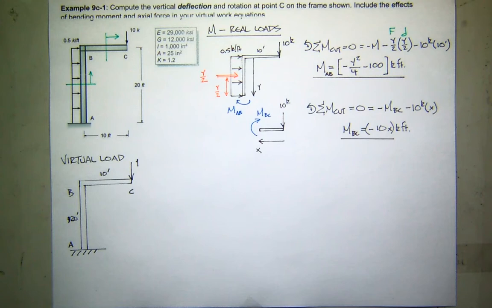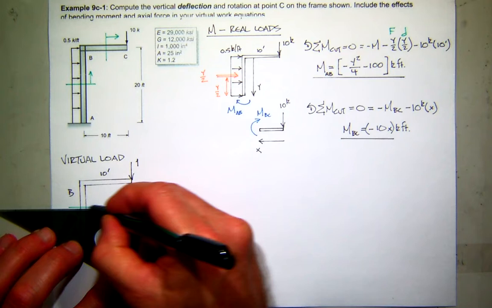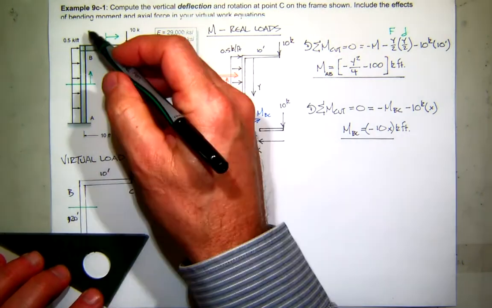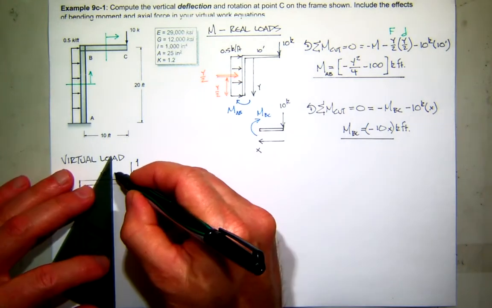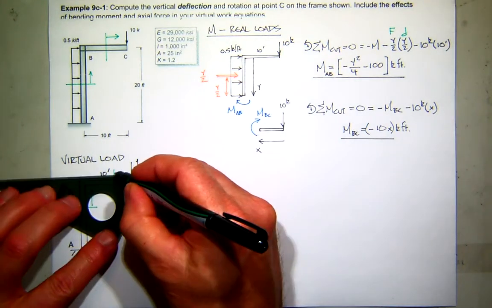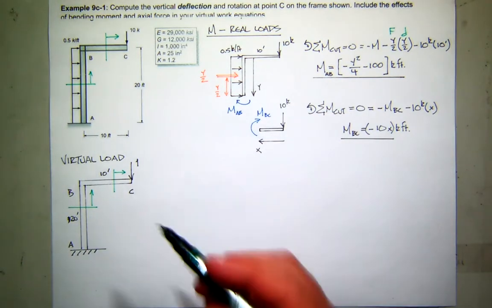Now, just like I did for my real moments, I'm going to cut the system here. And since I went with the upper portion, I'm going to do that again. You have to match them. And then for BC, I'm going to do exactly the same thing. So my free body diagrams are going to look identical, except the loads will be different.